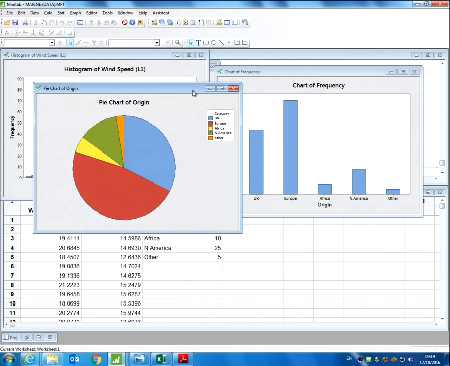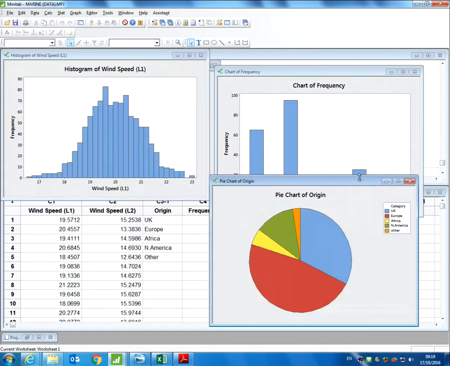While we're on that topic, can anyone think what a bar chart would look like of the wind speeds at location 1? So the wind speeds at location 1, how many observations were there? 1,000.